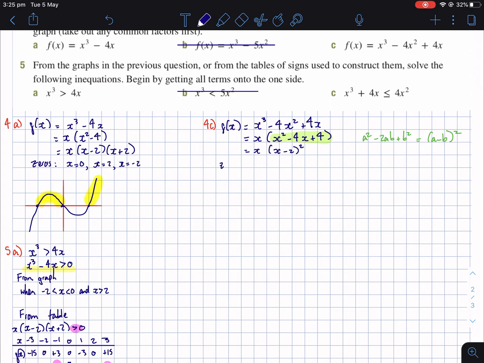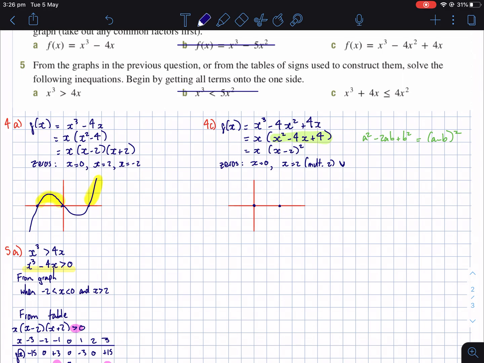So our zeros: x equals 0 and x equals 2. And this is repeated, but we're not going to worry about that for right now. So let's draw it. Oh yeah, multiplicity 2, which means it's going to look like a quadratic there. Let's draw this thing. So we're going to go through 0 and 2, but I don't know if I'm going to go like that or if I'm going to go like that.